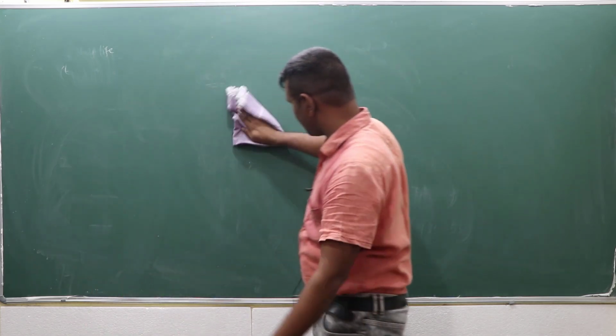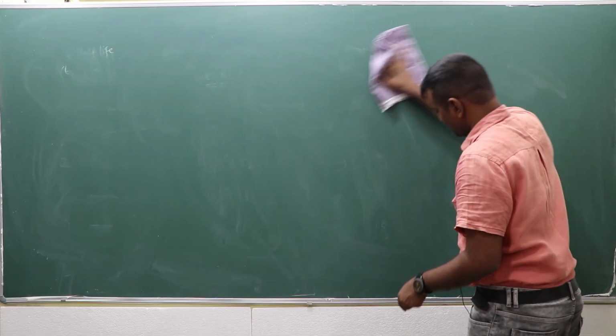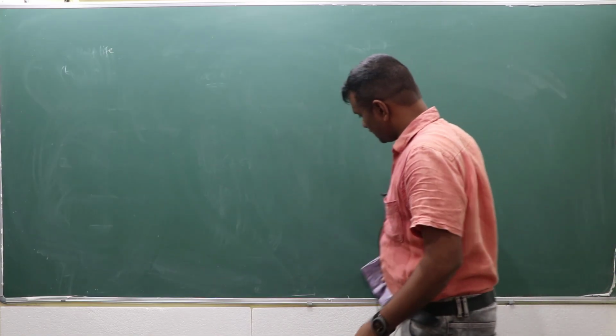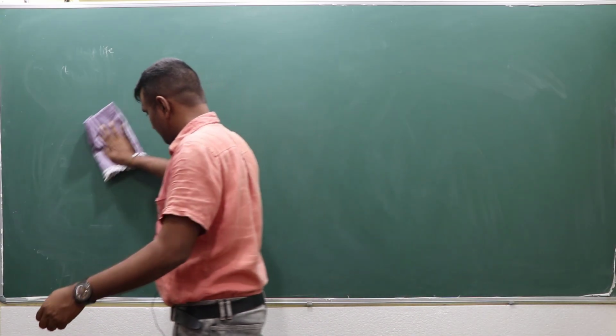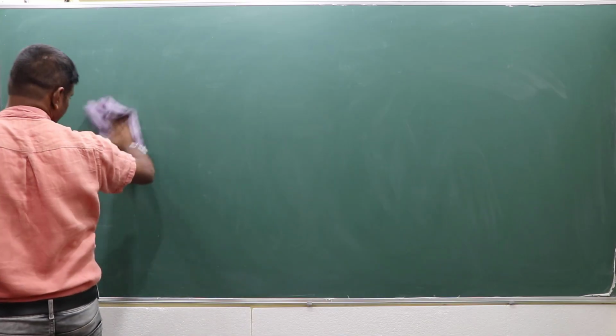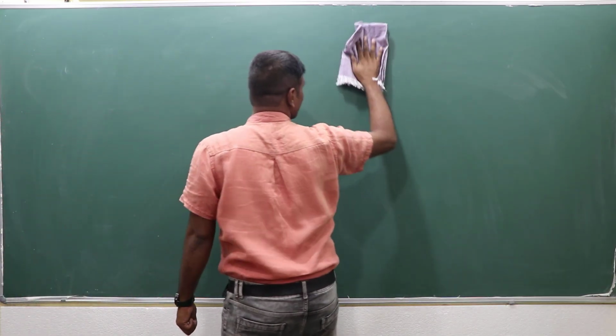If A is equal to 100%, whatever the concentration at the beginning, that we have to consider as 100%. Based on that, how much is product formation, how much is left or remaining.